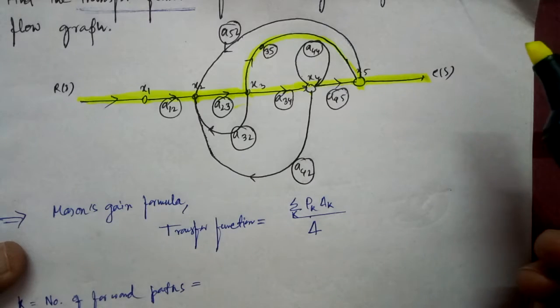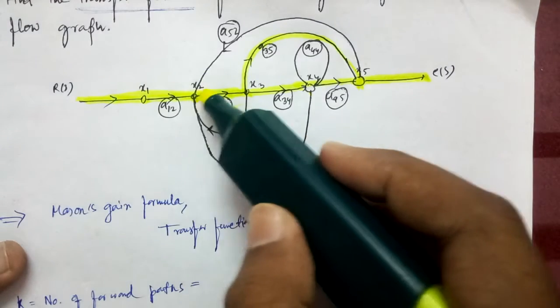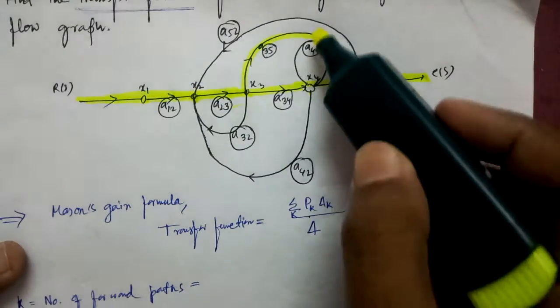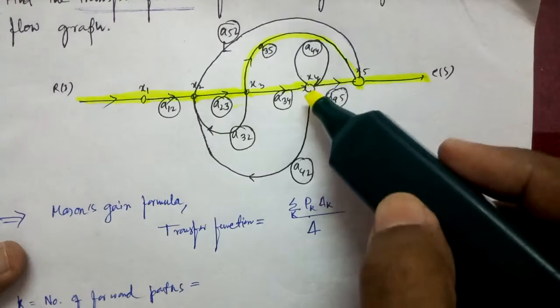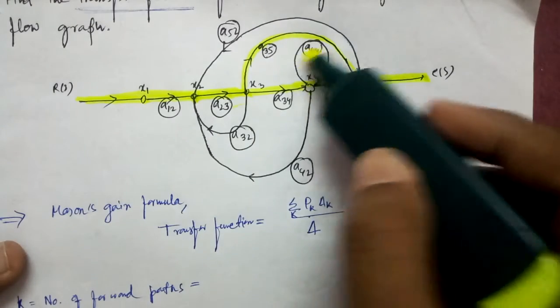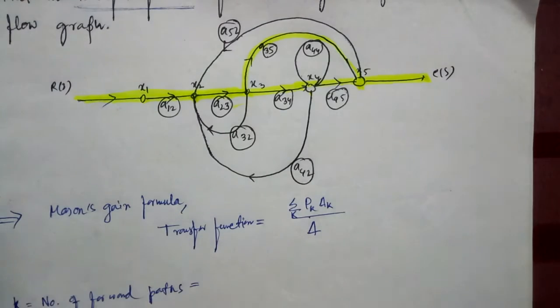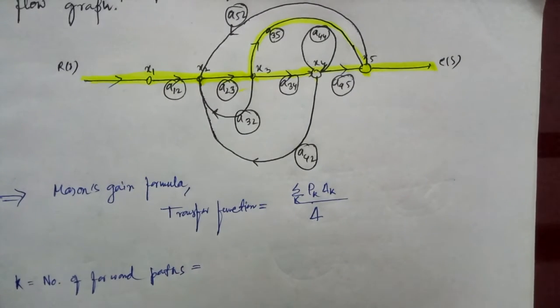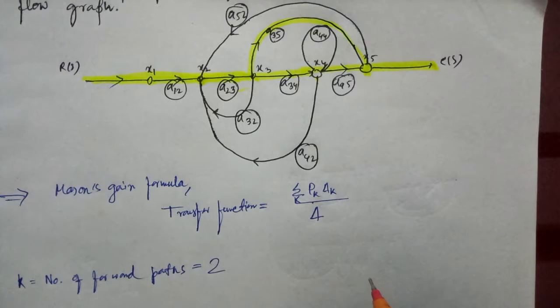It also reaches from input to output, but the other path cannot reach the output. It is like a feedback, a backward path, and this is also a loop. Hence there are two forward paths, so k is equal to 2.